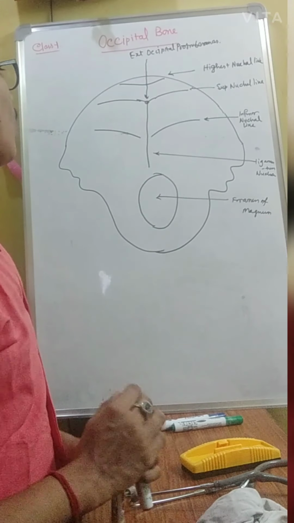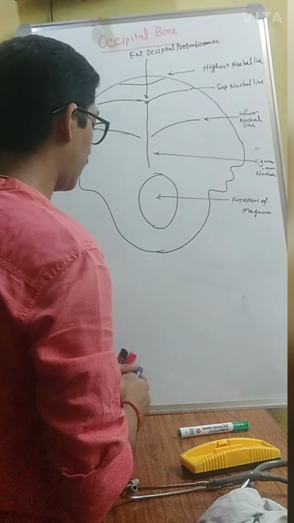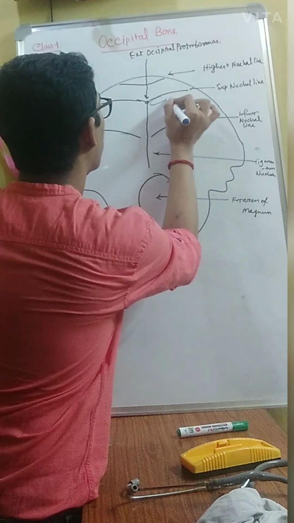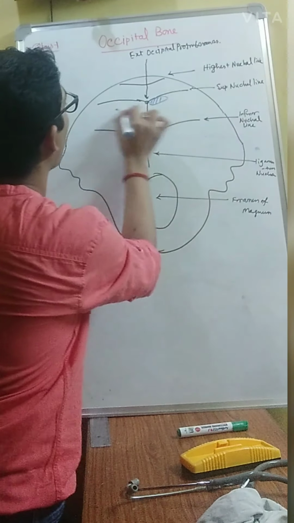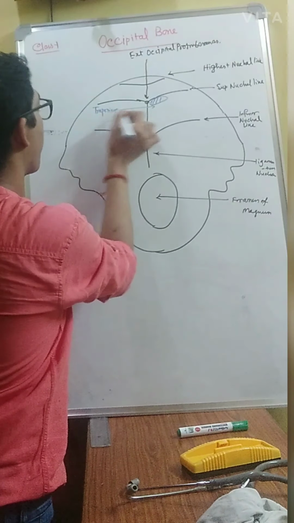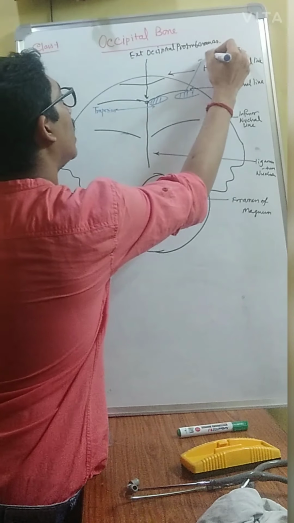Now, what are the muscles you will find at this level? First, near the superior nuchal line, here will be the attachment of the trapezius muscle, and here there is the attachment of the sternocleidomastoid.